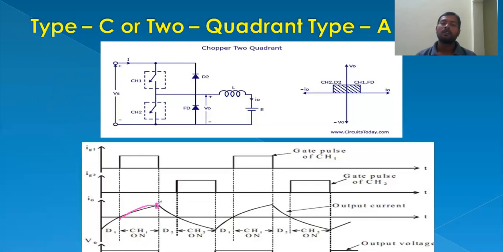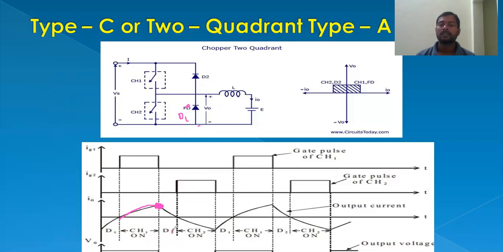When the chopper is off, what will happen? This is diode D1, and this is diode D2.